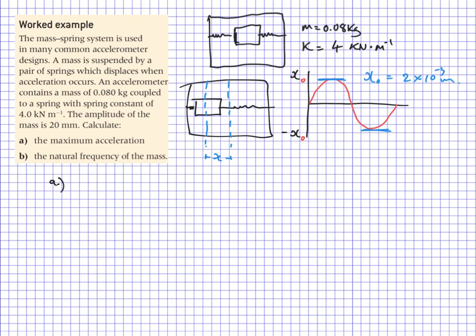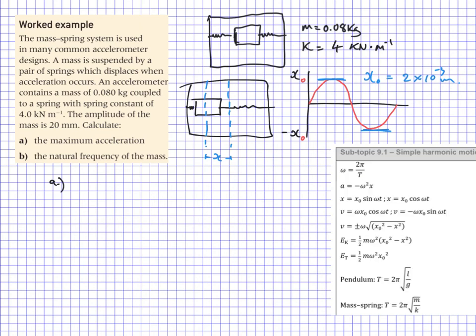Well, we know from our equations that acceleration is equal to the negative omega squared x. So let's go and put that in. So acceleration is going to be equal to the negative omega squared x. And if I know any value for x and any value for omega squared, I can work out the acceleration.